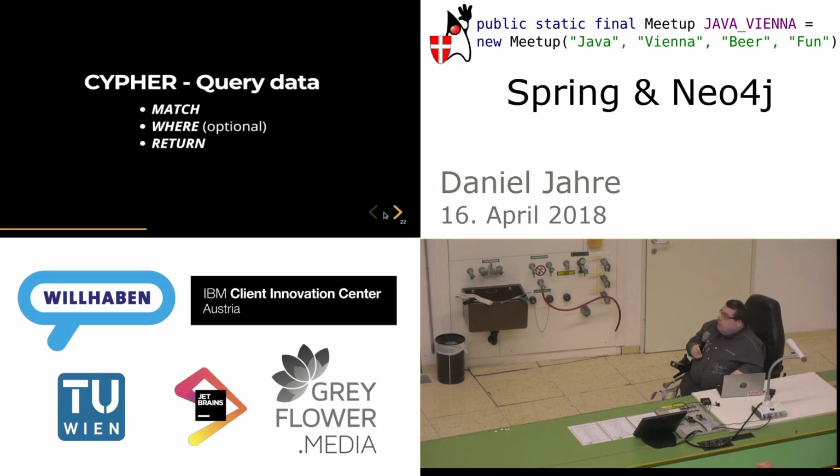You can think of the return statement as in some way equivalent to the select clause in the SQL language, but I'm doing it the other way around. In SQL I say select this and this and this from some stuff, and here I'm matching the data, filtering the data, preparing all the data, and after that I'm picking what I want to see from that.